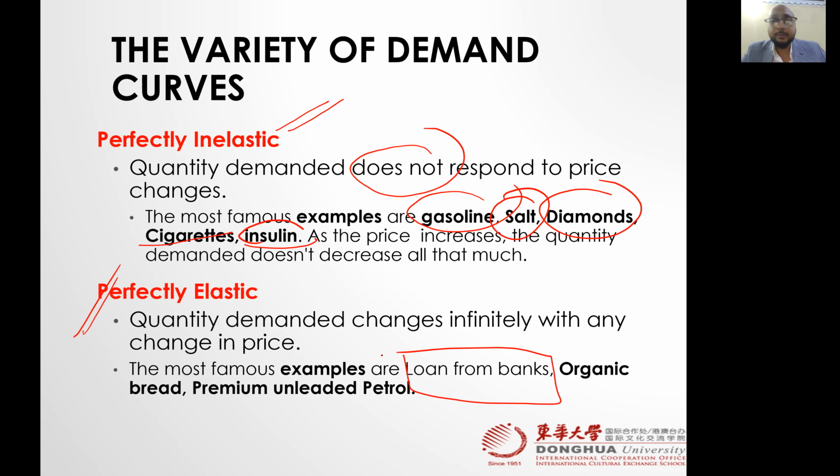If all the banks have a 13% interest rate and one bank is charging 13.1%, people will leave that bank and go to other banks. So that bank's product is highly or perfectly elastic, right? Similarly, organic bread, premium unleaded petrol or higher octane petrol, as compared to normal petrol, normal gasoline.